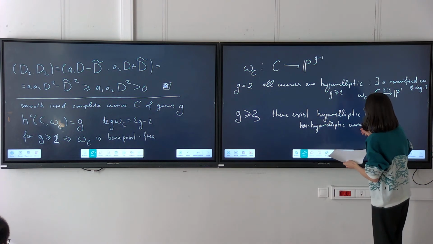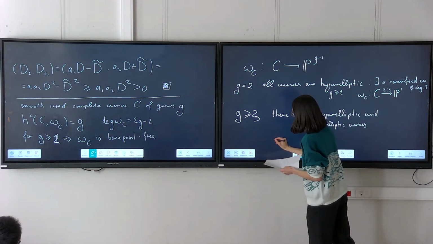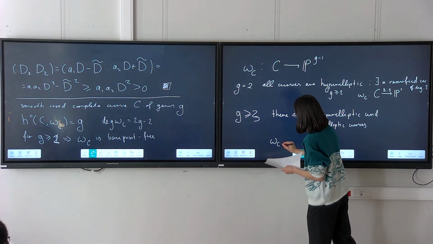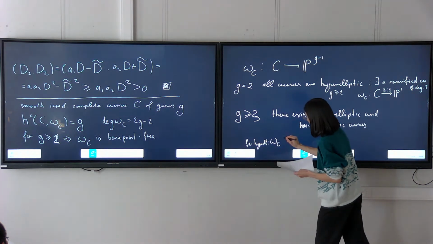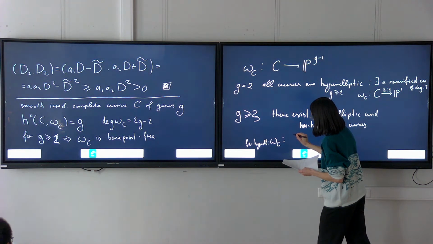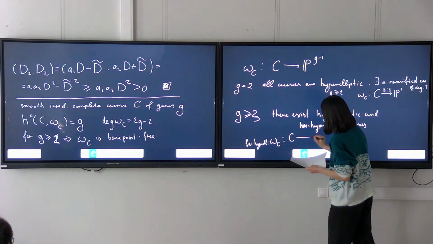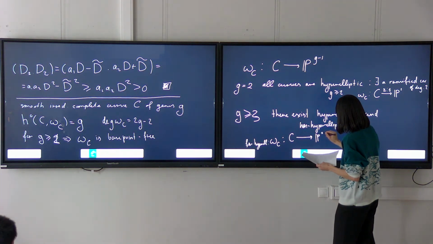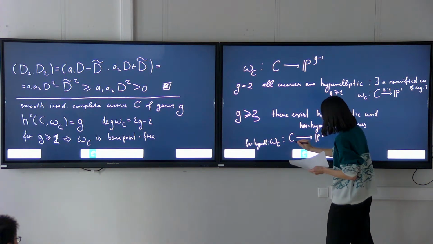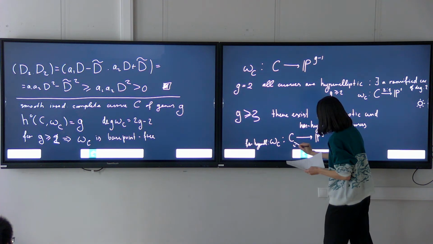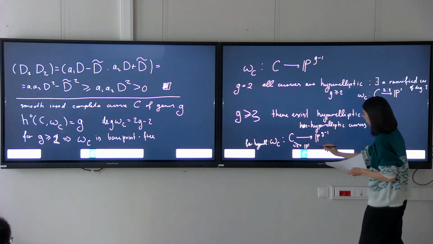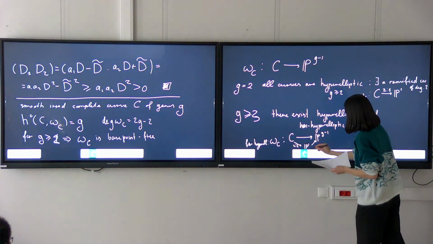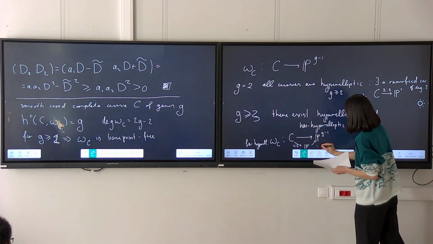So for hyperelliptic curves, we have the canonical map to P^(g-1), and for hyperelliptic curves, this is the following composition. This is a ramified double covering of P1, and then we have the Veronese embedding of degree g.